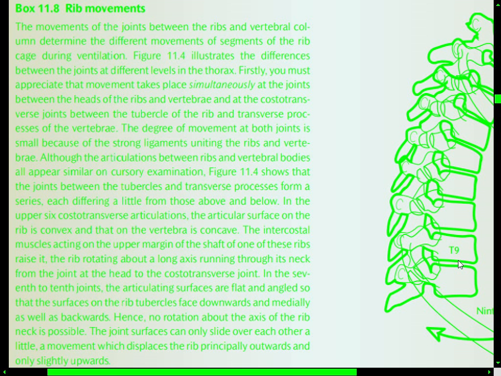The articular surface on the rib is convex. The articular surface on the vertebrae is concave. Only on the first 6 costotransverse articulations.